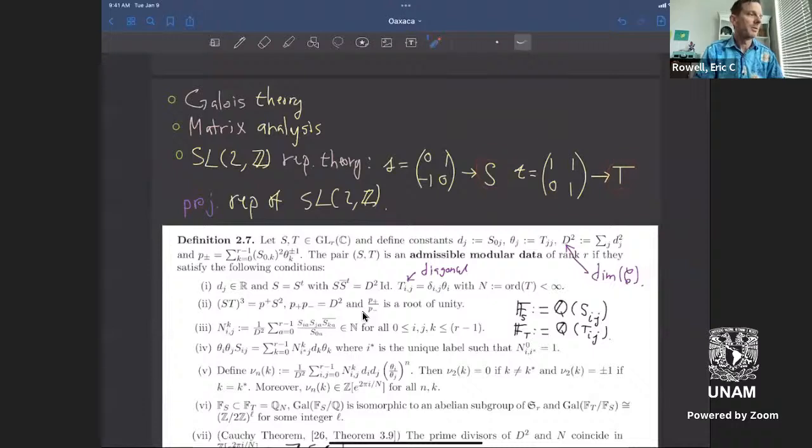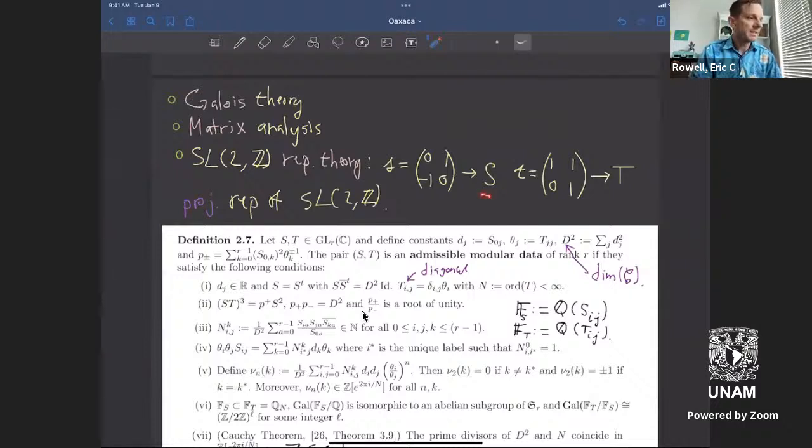It turns out that they give you a projective representation of the modular group, hence the name. The modular group being SL2Z. These arise as the mapping class group of the torus, which sort of shows up in this setup.